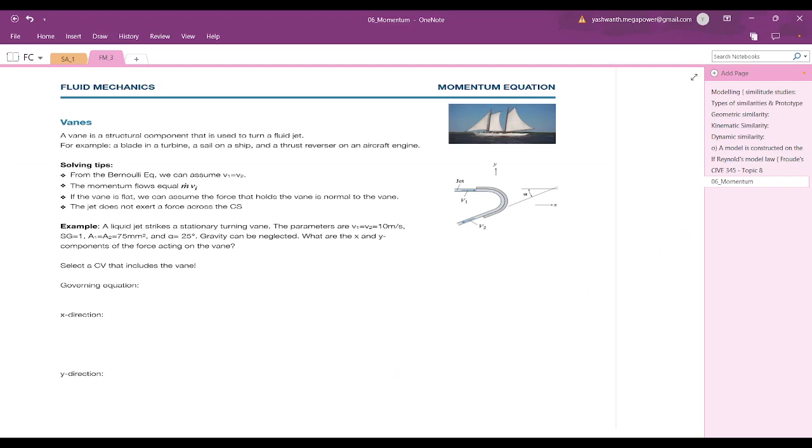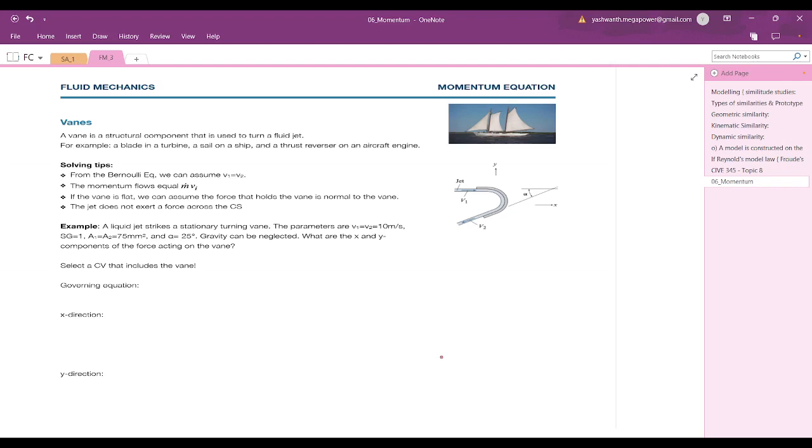That fluid might be water, or else air, whatever it might be. Next, examples of vanes are given: a blade in a turbine, a sail on a ship, and a thrust reverser on an aircraft engine, whatever it may be. All these are examples of vanes.